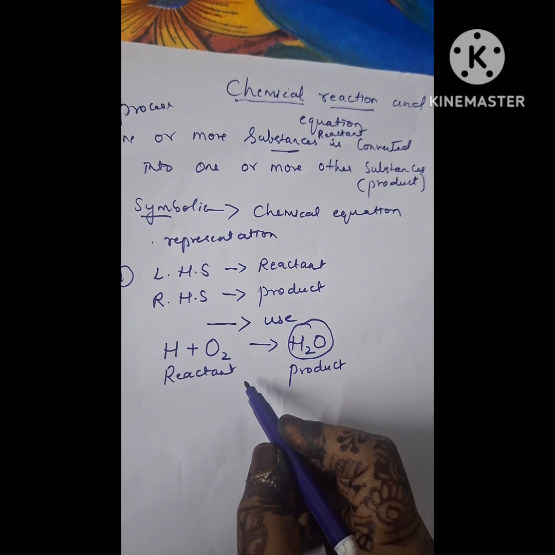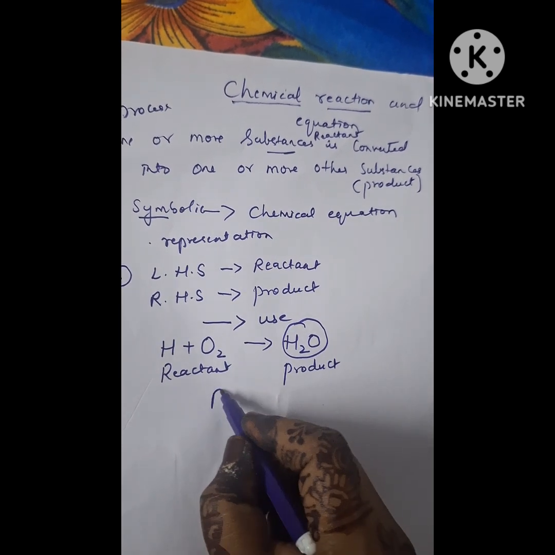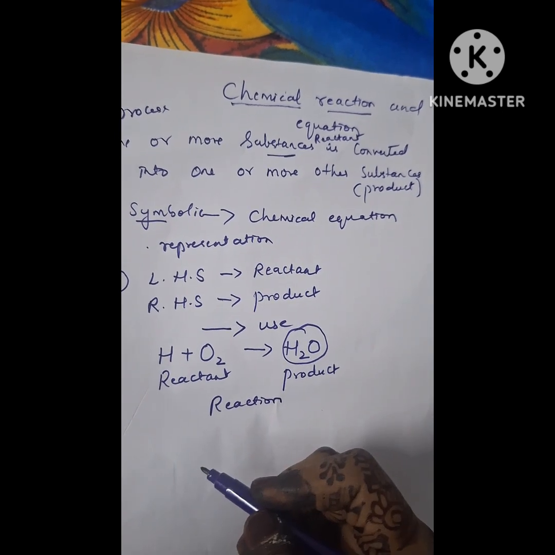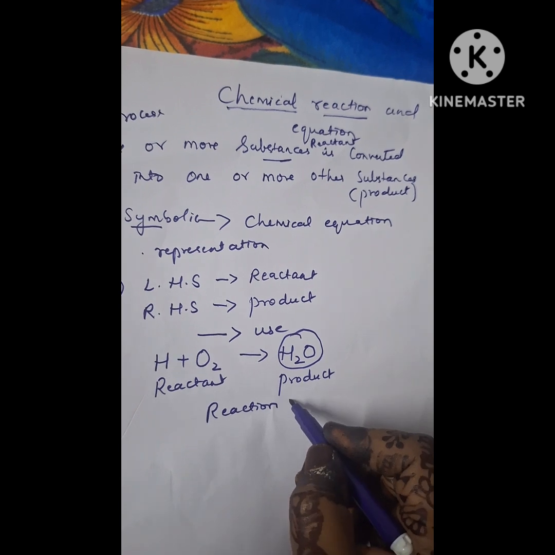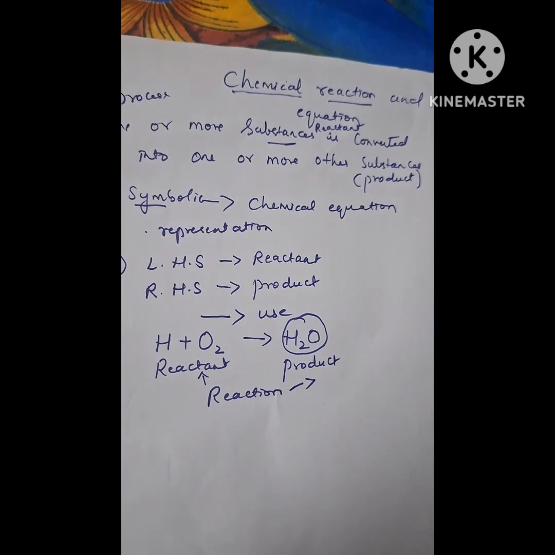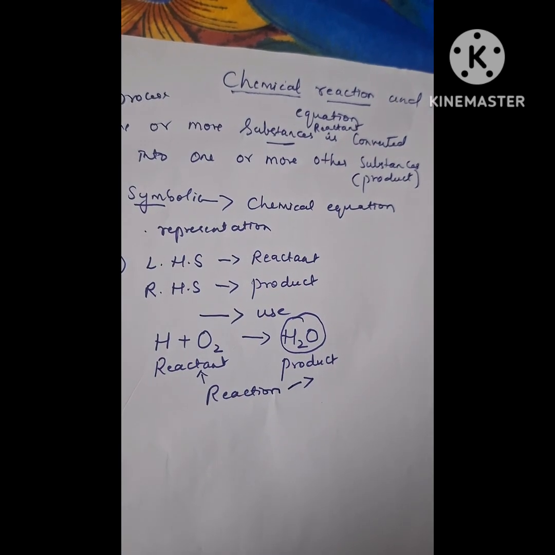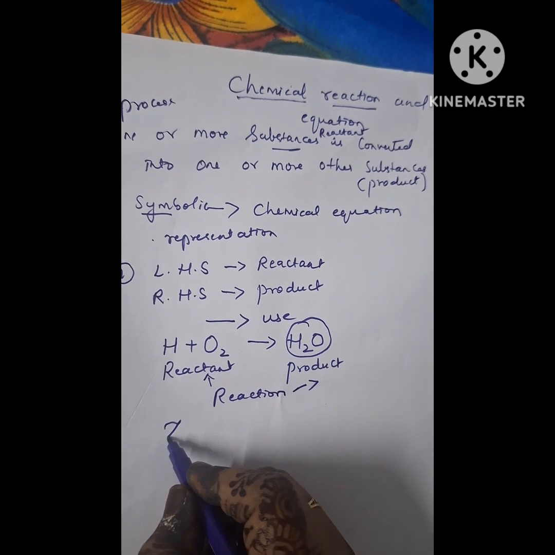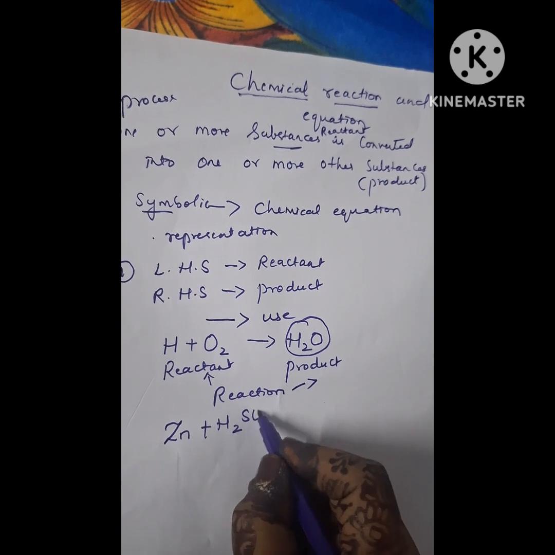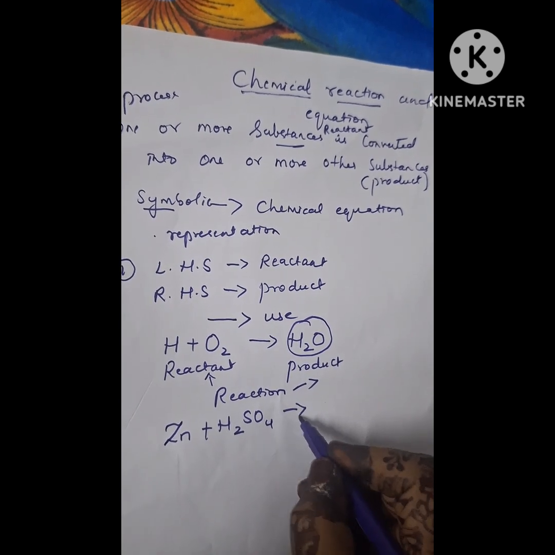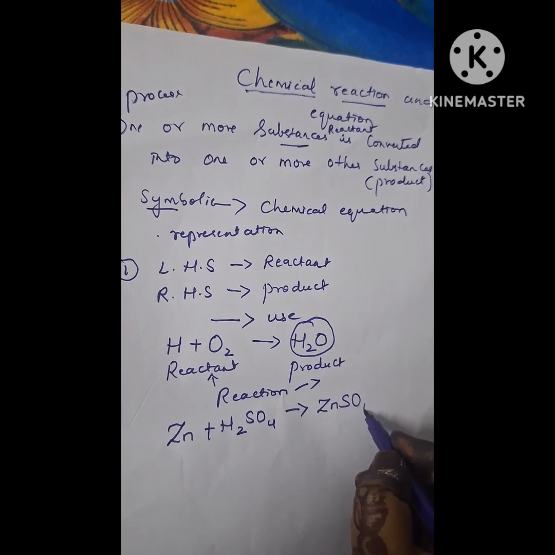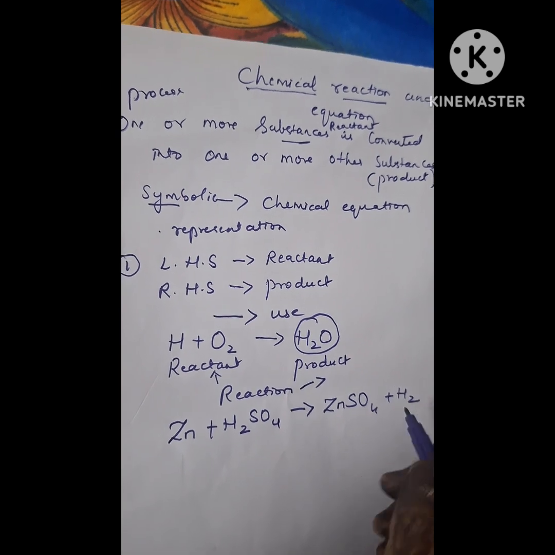Reactants are the substances which undergo reaction. Products are the substances which we get after reaction. So this is before reaction and this is after reaction. One more we have, like zinc reacts with H2SO4, that is sulfuric acid, to give you zinc sulfate, ZnSO4, plus H2.